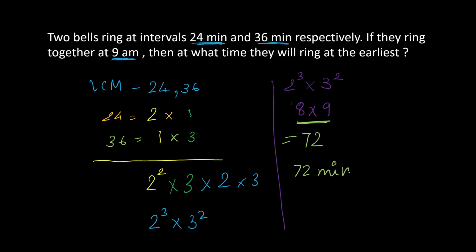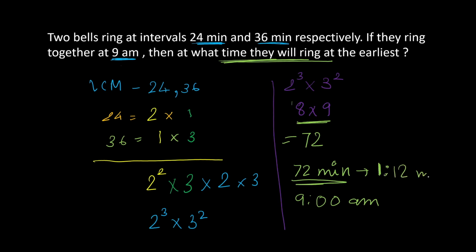But now we have to find the time when they will ring. It rings at 9 o'clock, and 72 minutes is the same as 1 hour 12 minutes. So we add 1 hour 12 minutes to it, and we get our time, which you might have already guessed: 10:12 a.m.